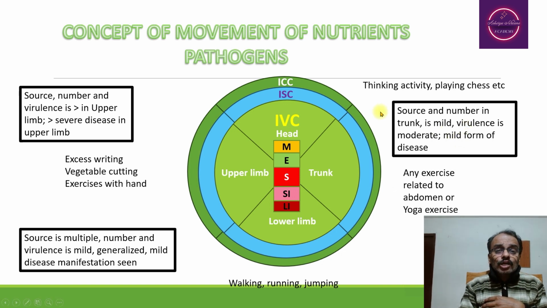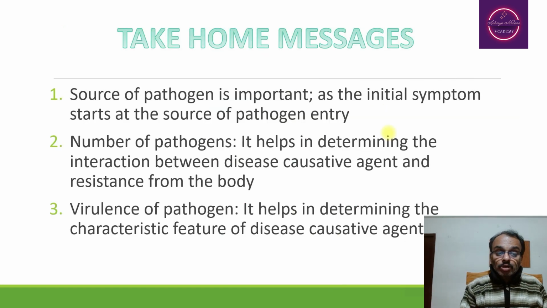All this actually depends upon, one, the source of entry of the pathogen into the body; second, the number of pathogens entering the body; third, the virulence of the pathogen entering the body; plus one more thing, the body's reaction to that. In what way the body makes the reaction decides the nature of pathogenesis in the human body.